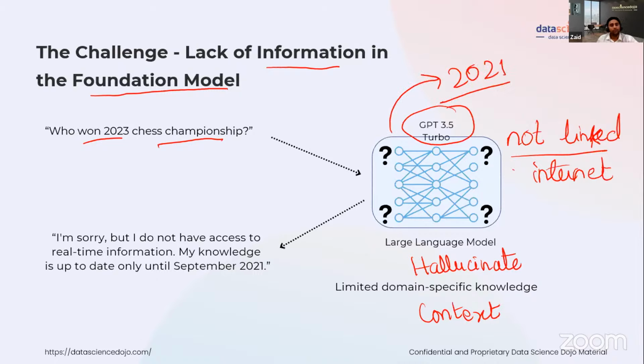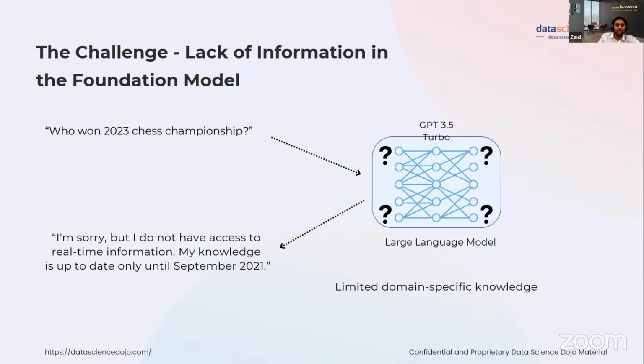The response you would get is, "I'm sorry, but I do not have access to real-time information. My knowledge is up to date only until September 2021." So this is the actual problem. Maybe you can use GPT-4, which is now connected to the internet.